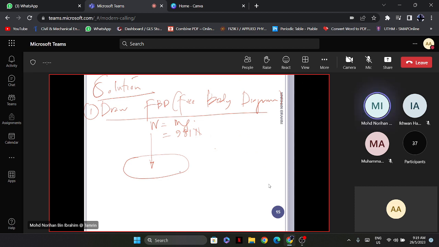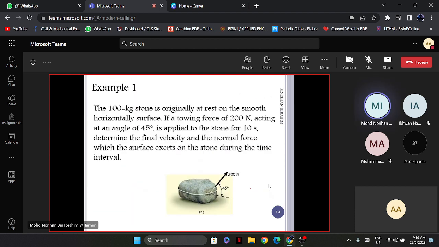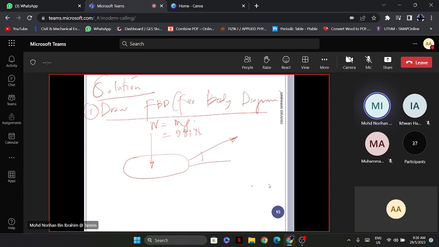The next is the force. What is the angle? It is stated that the angle is equal to 45 degrees and the external force, the towing force, is equal to 200 Newton.